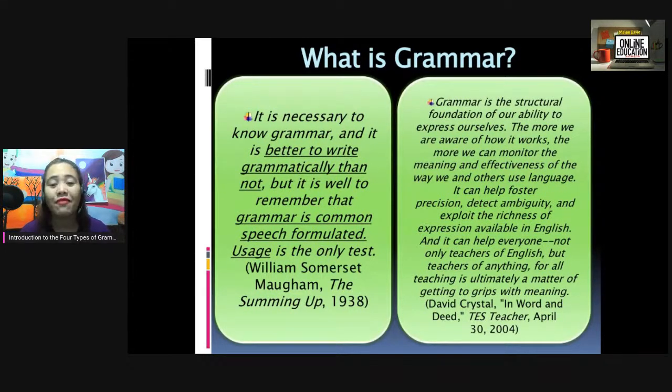It can help foster precision, detect ambiguity, and exploit the richness of expression available in English. And it can help everyone, not only teachers of English, but teachers of anything, for all teaching is ultimately a matter of getting to grips with meaning. That's according to David Crystal.